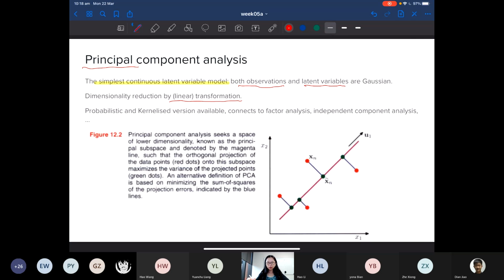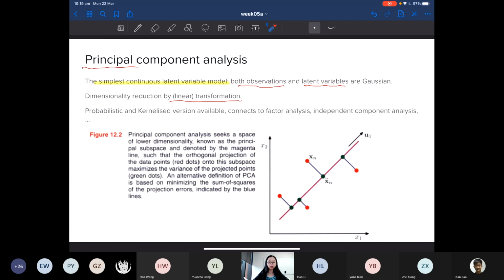So in pictures, it looks like the following. In 2D, we seek a space of low dimensionality known as the principal subspace, denoted by this magenta line, such that if we orthogonally project the data points in red onto this principal dimension, now we need to state the objective, right?